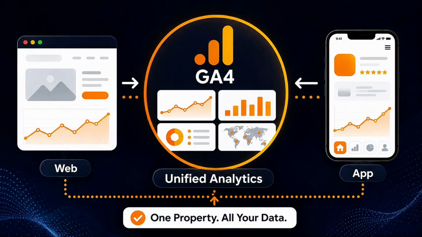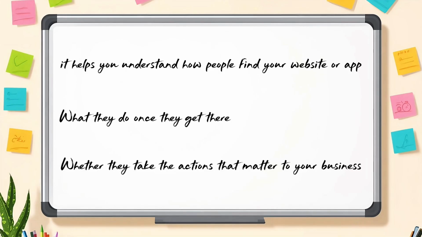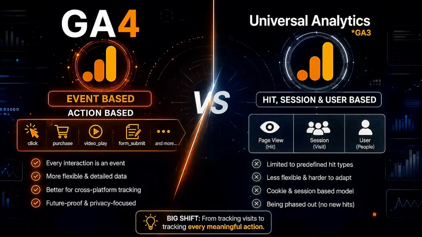GA4, or Google Analytics 4, is Google's web and app analytics platform. In simple terms, it helps you understand how people find your website or app, what they do once they get there, and whether they take the actions that matter to your business. The important difference with GA4 is that it is event-based compared to its predecessor.